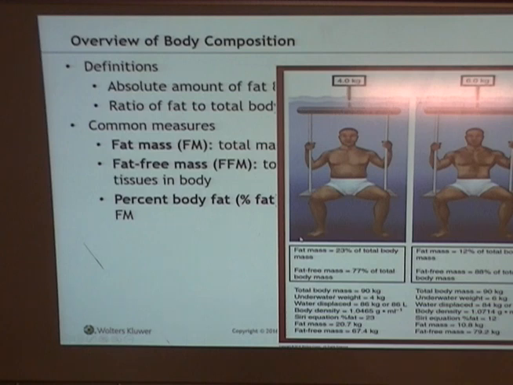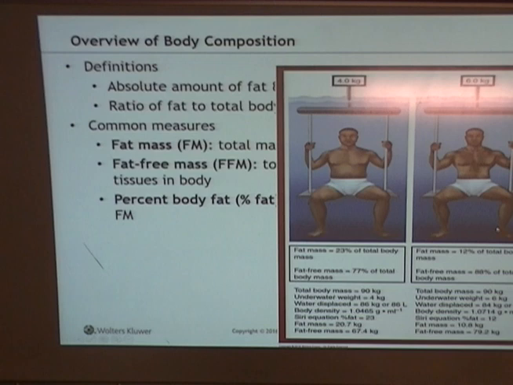The chap on the left, when you do an underwater weighing, is at 4 kilos. So if you put that into a clever computer program, it will tell you that he has 23% fat mass, right? And that means his fat-free mass is 77% of his total mass, okay?